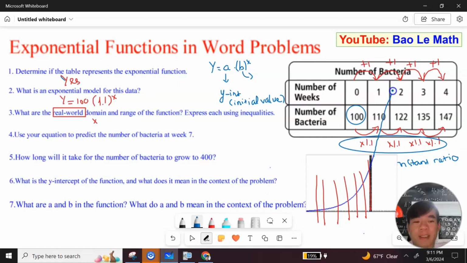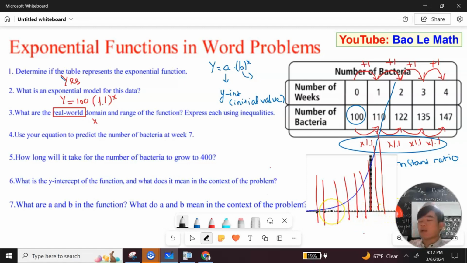Then you draw a vertical line, and every single time the line intersects the graph at one point, and at that point you find the corresponding x value.